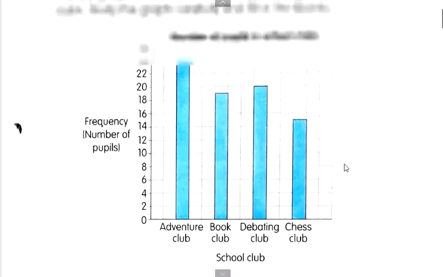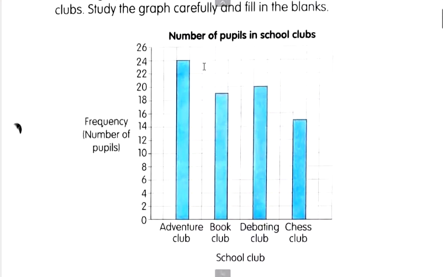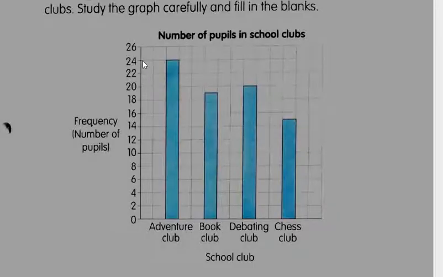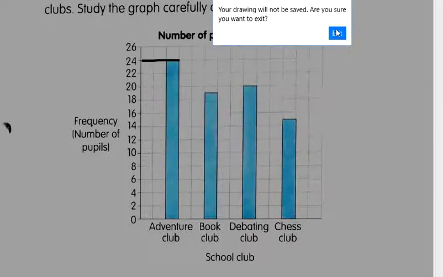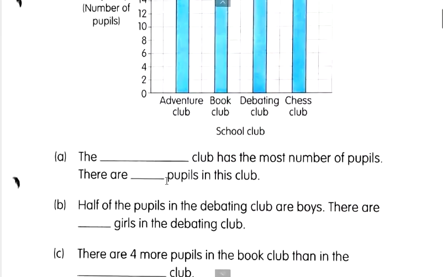So take a look at the edge of the bar. It points to 24, right? So there are 24 pupils in this club.